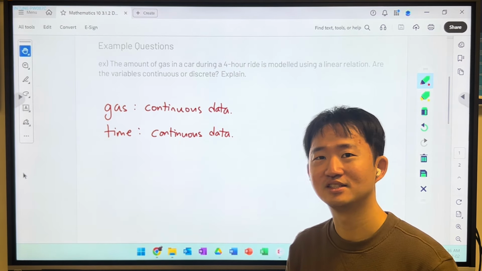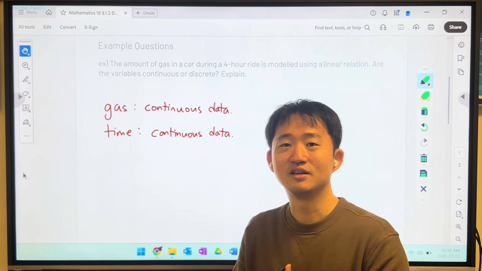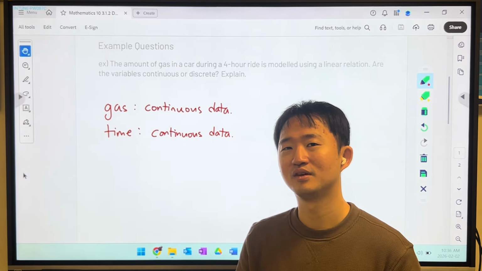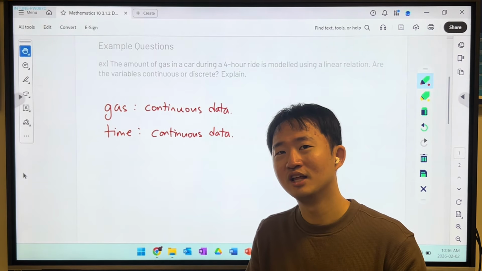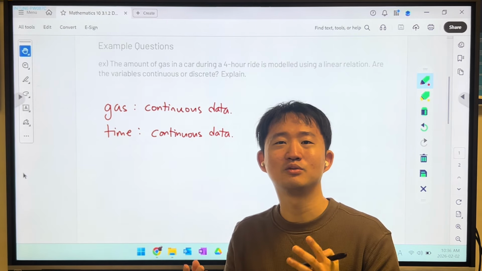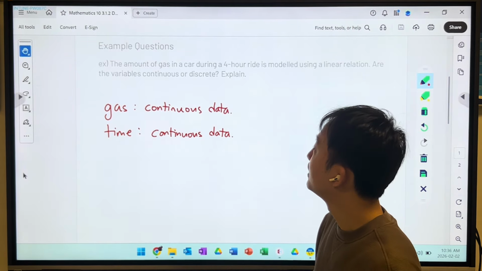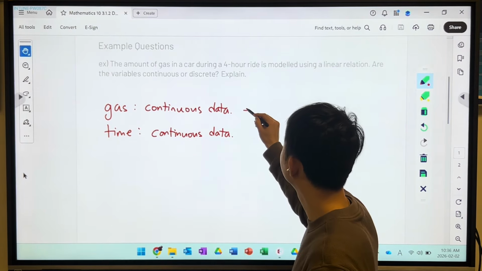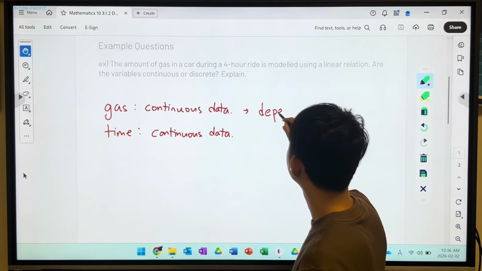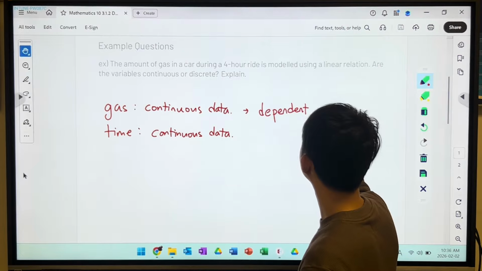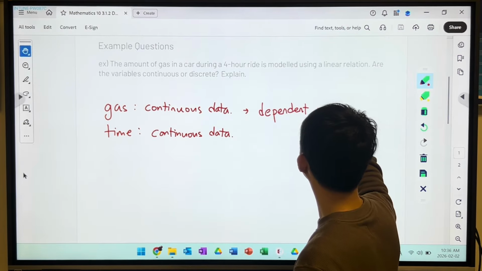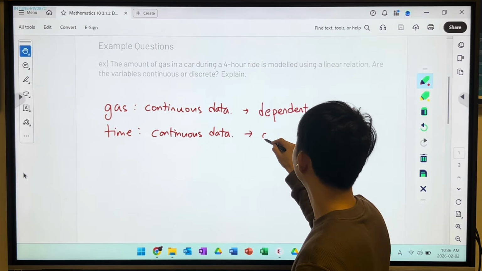And the amount of gas will be the dependent variable, something that changes because of the time. We can't really control the amount of gas that we have, we can only control the amount of time that we drive for. So the gas will be the dependent variable, and the time will be the independent variable.